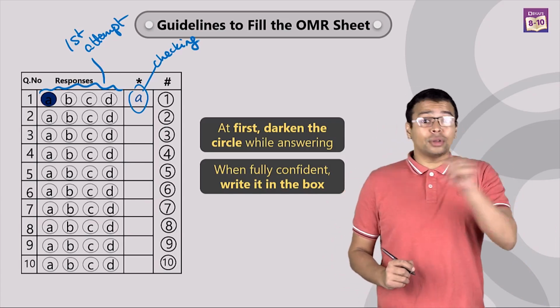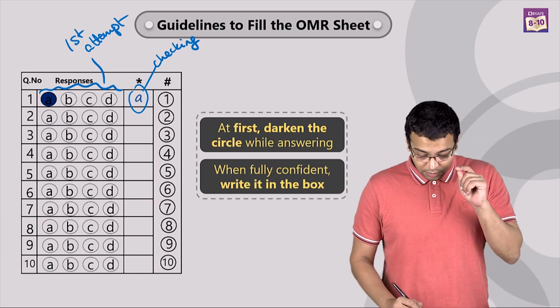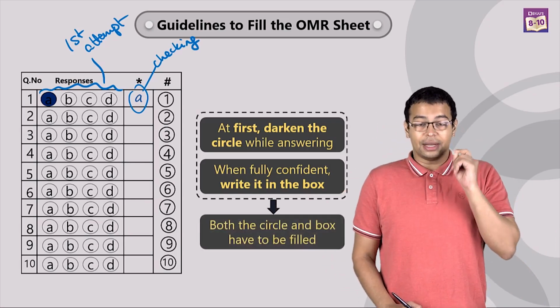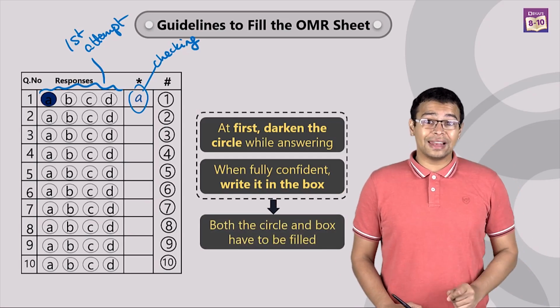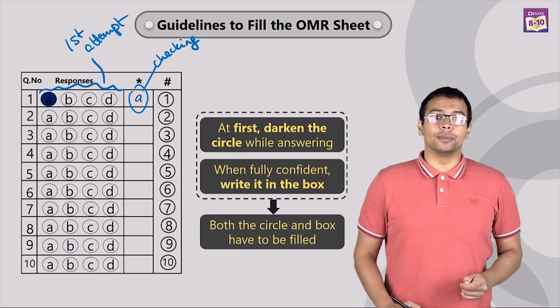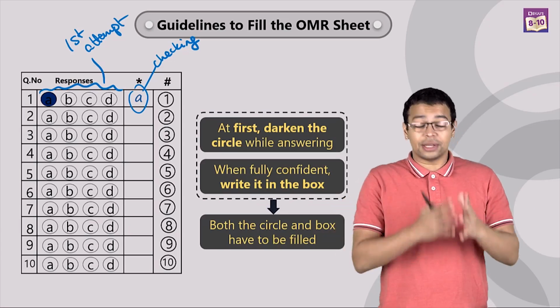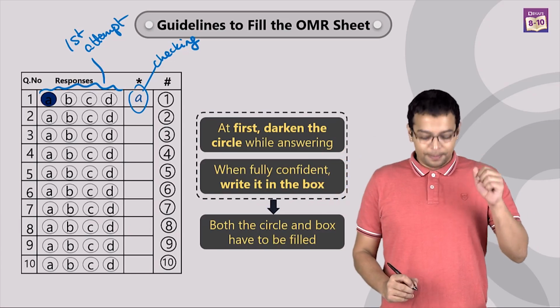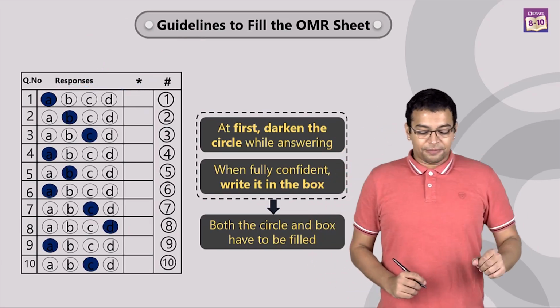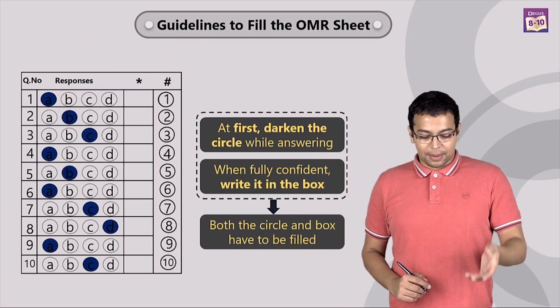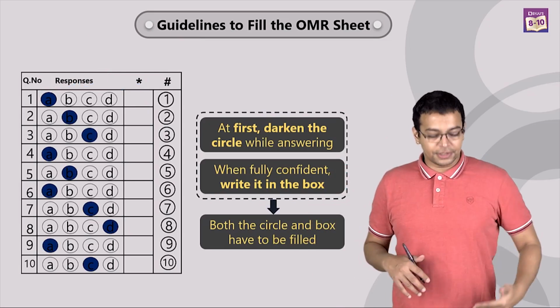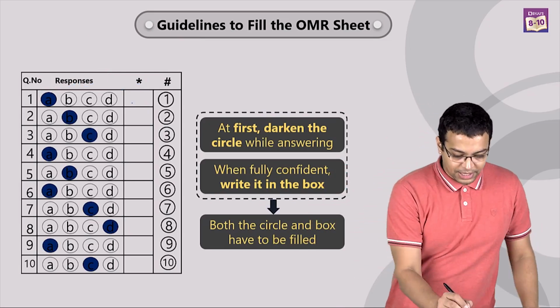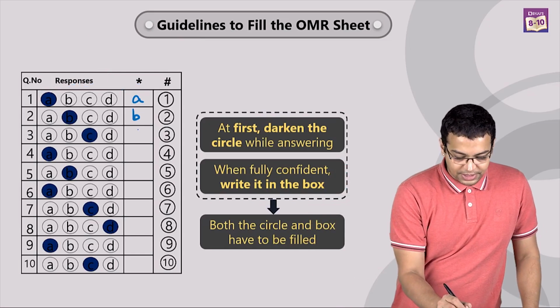Only when you do both of these things will the question be considered as attempted. Both the circle filling is important and the writing is important. And you can strategically use it as your first attempt piece for the circles and the writing is for the checking. Okay, great. If you leave the boxes empty, that doesn't work. First attempts, great. While you're checking, make sure that you write these things down.